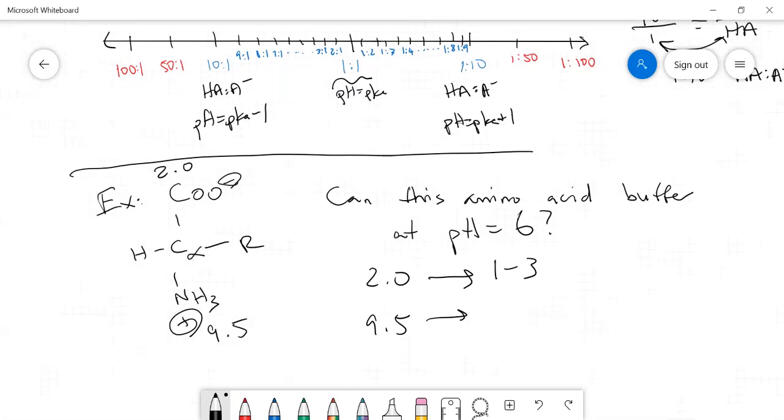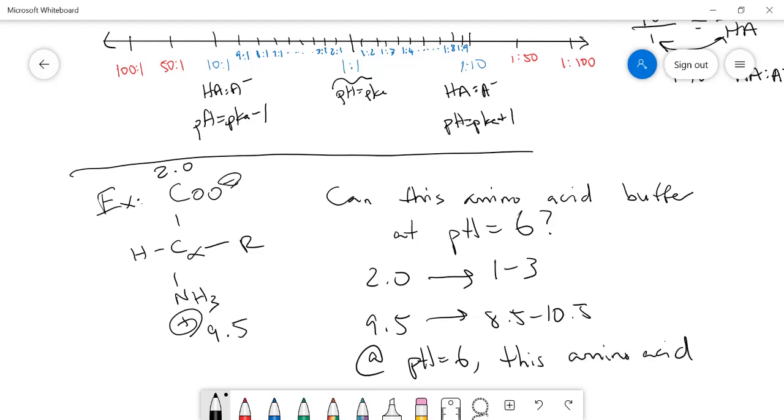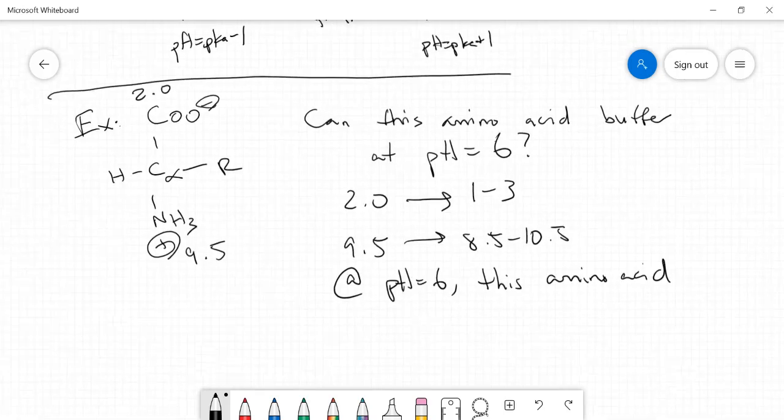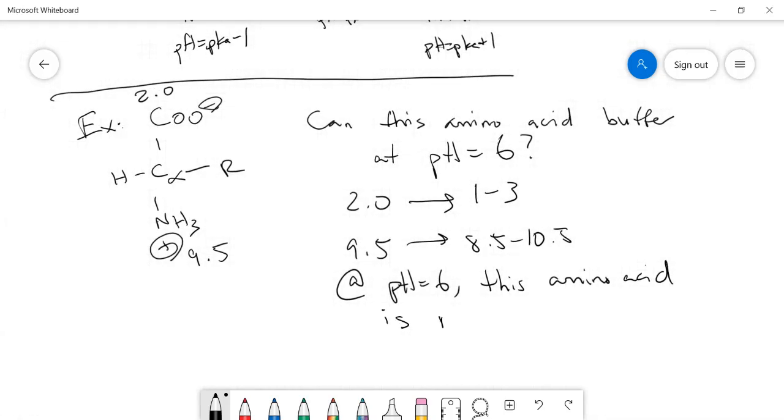For my alpha amino group, plus or minus 1 is going to be 8.5 to 10.5. So at pH 6, this amino acid is not going to be a good buffer.